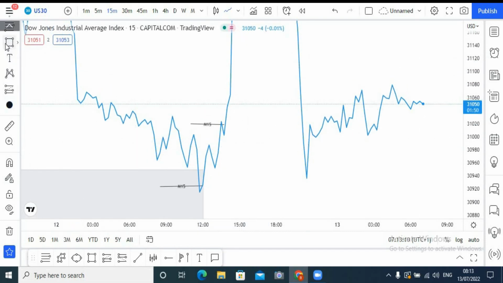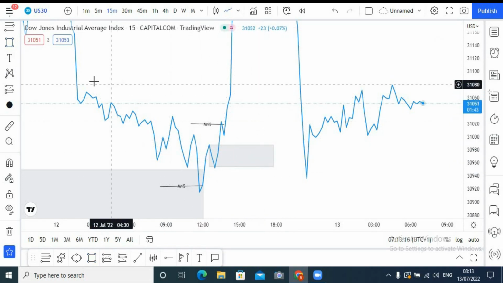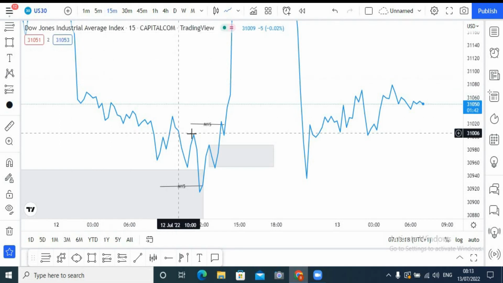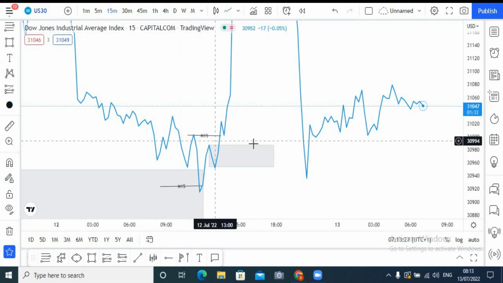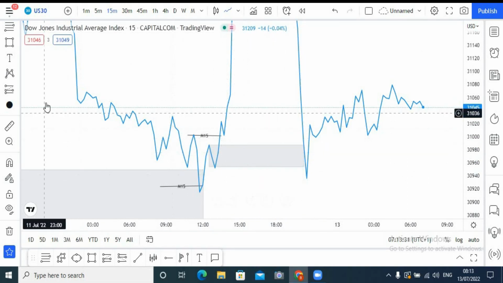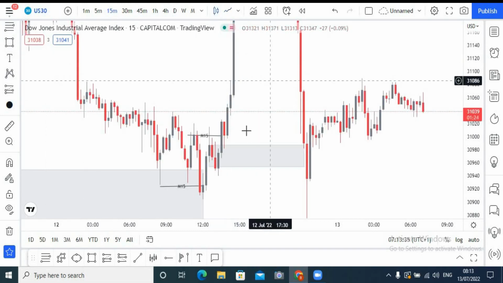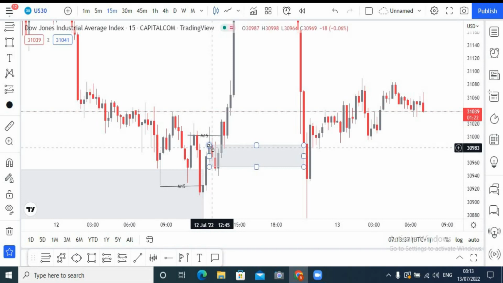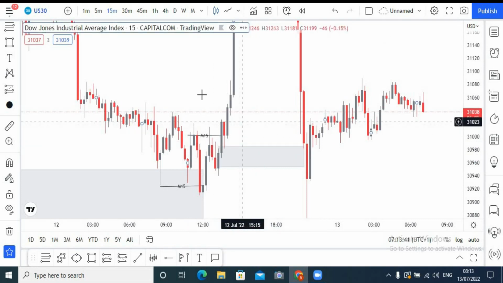We did have that zone being taken out, meaning this was our order block from this zone right there, and you can see this zone being taken out right there. And if we go to candlesticks, it will now be like this. So we managed to catch our trades right there this week.